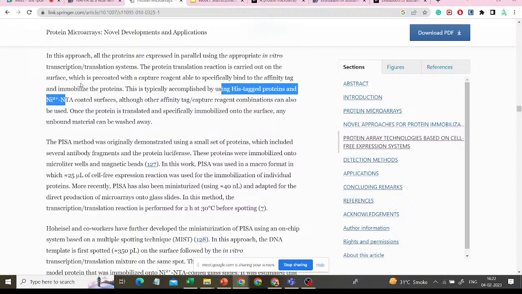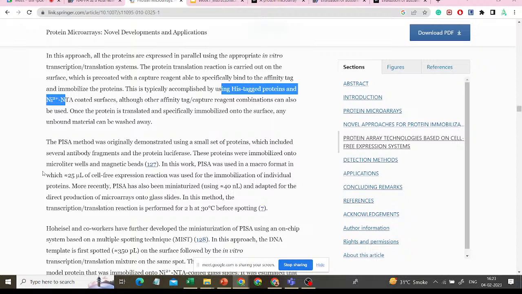If you make your capture agent with nickel on your capture surfaces, you can easily capture all those proteins and run them through. So this is for the nickel NTA coated surfaces for the His tag proteins.